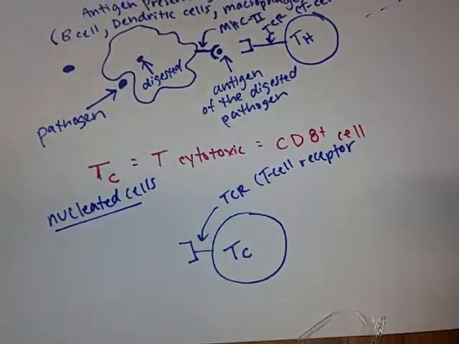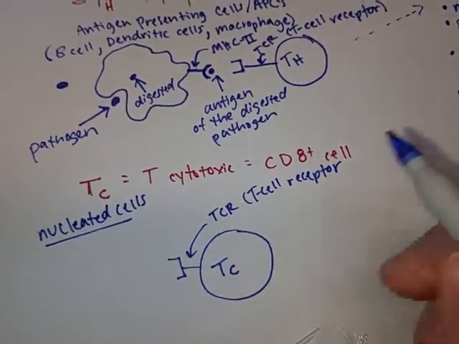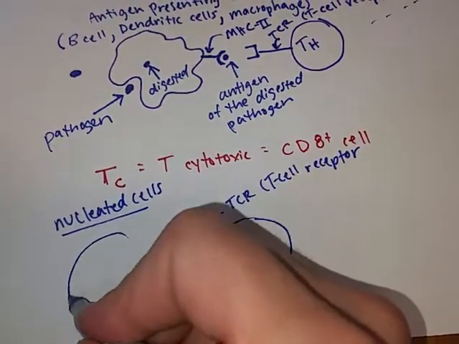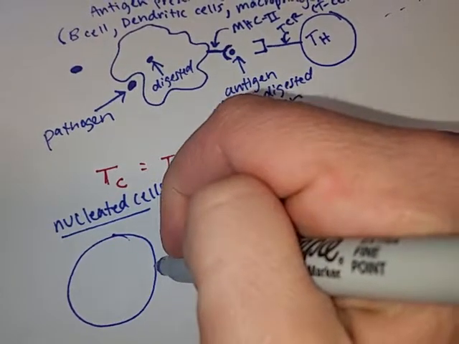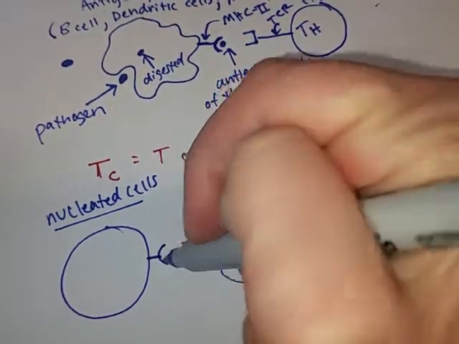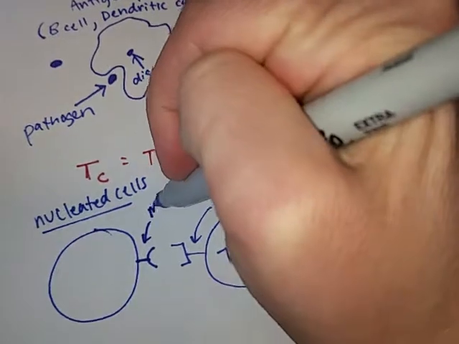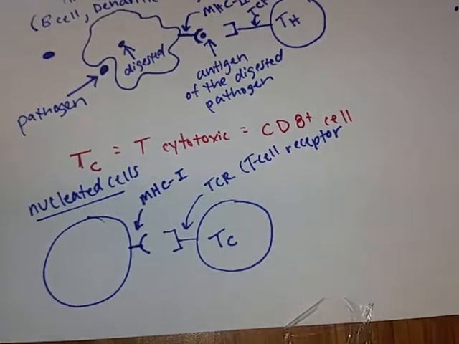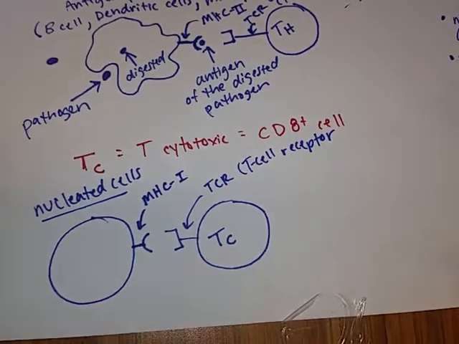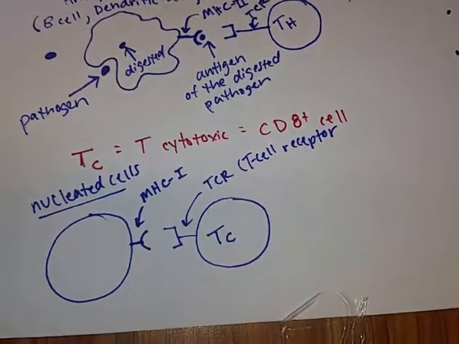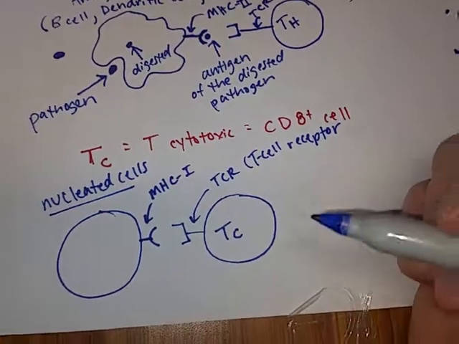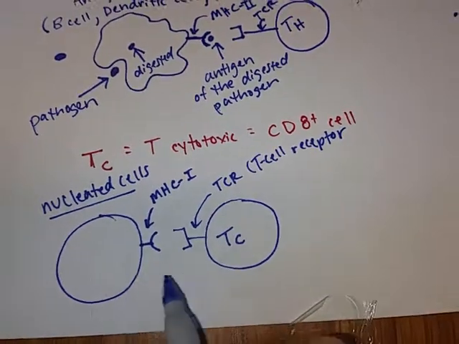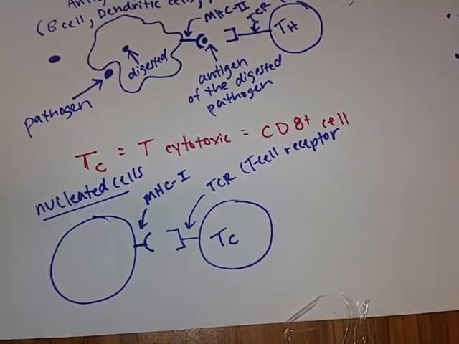So nucleated cells, that's practically every cell in your body. Nucleated cells have what's called MHC1. So instead of MHC2, they have major histocompatibility complex 1. So what happens with these nucleated cells? If the cell is healthy, it doesn't present any abnormal antigen.